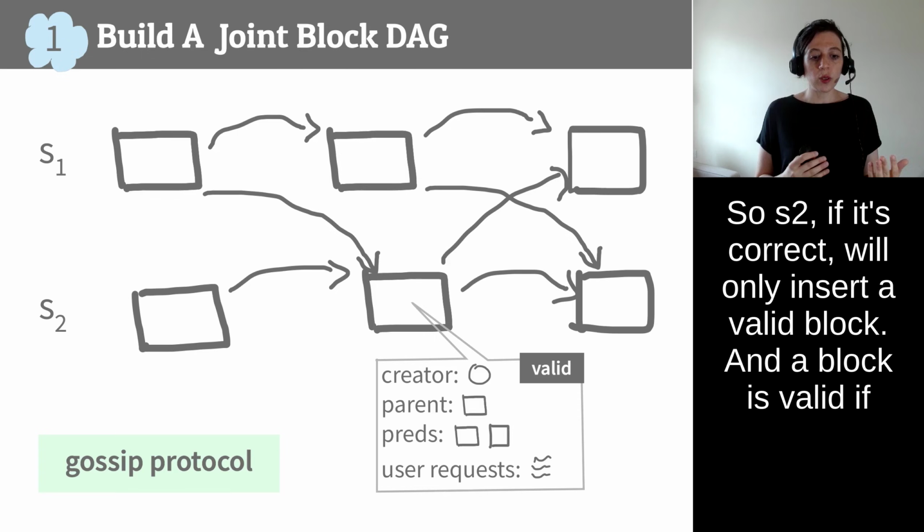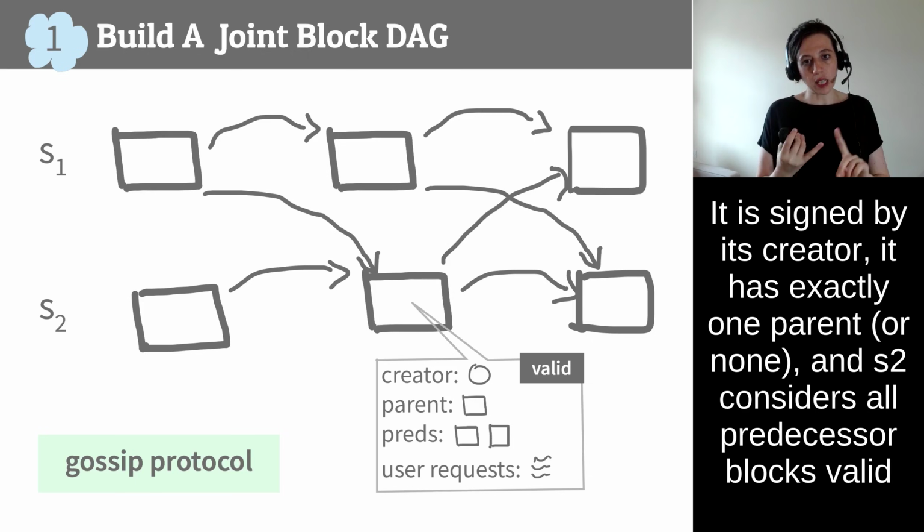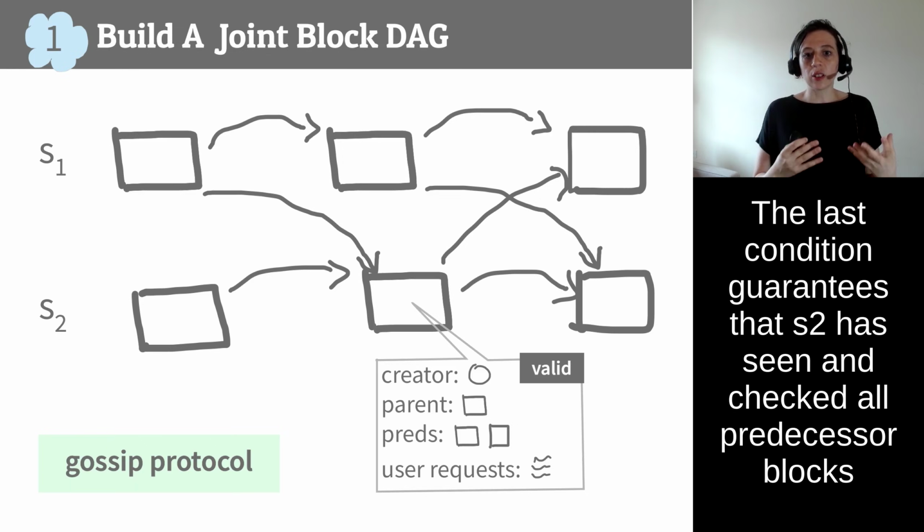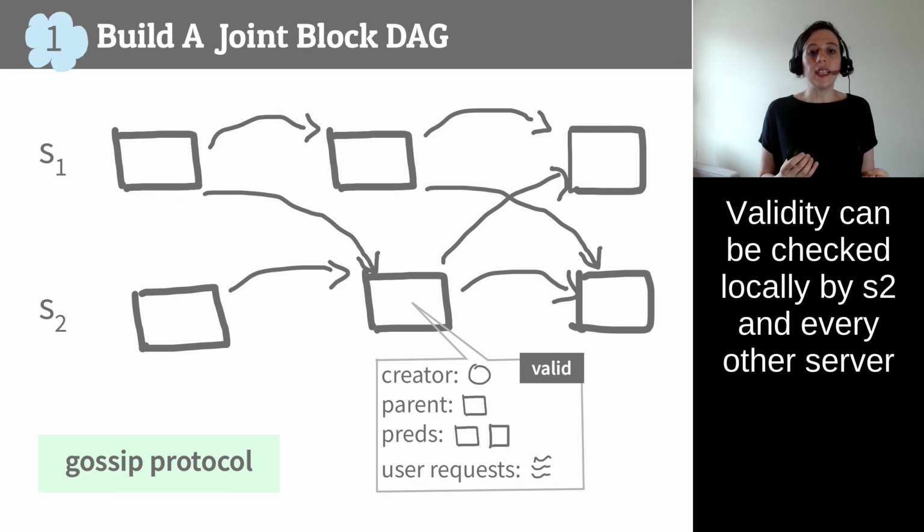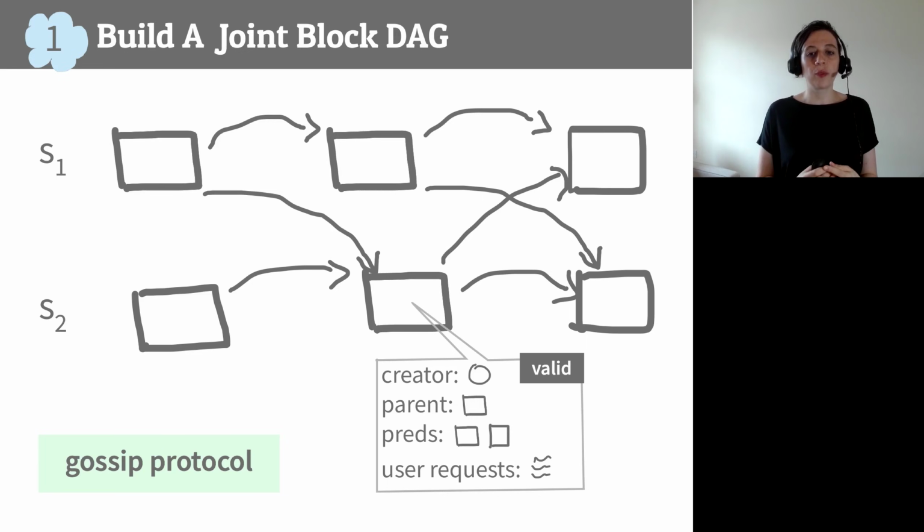So S2, if it's correct, will only insert a valid block. And a block is valid if it is signed by its creator, it has exactly one parent or none, and S2 considers all predecessor blocks valid. The last condition guarantees that S2 has seen and checked all predecessor blocks. Validity can be checked locally by S2 and every other server.